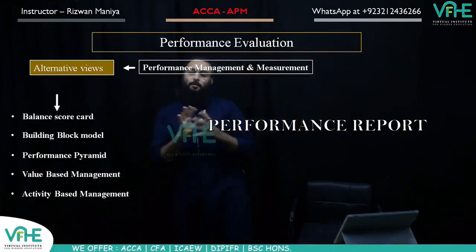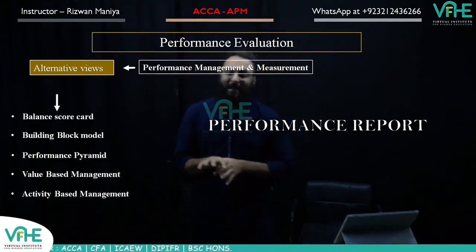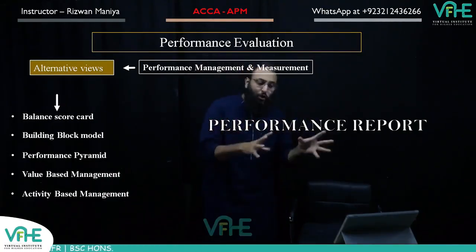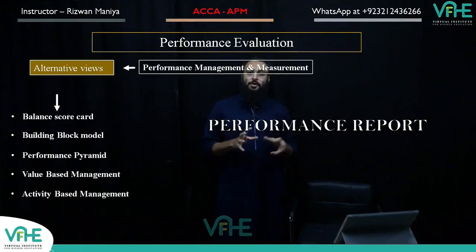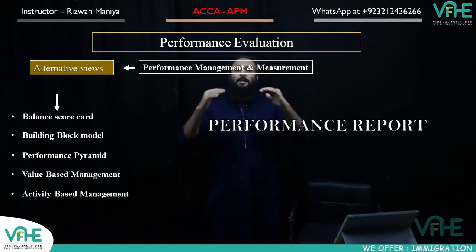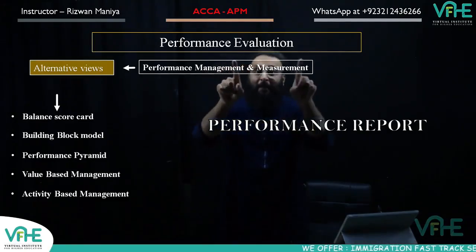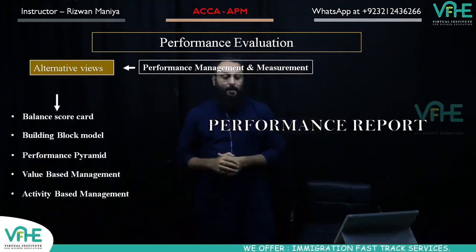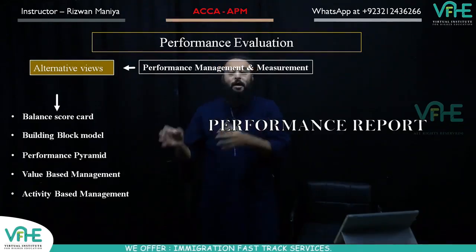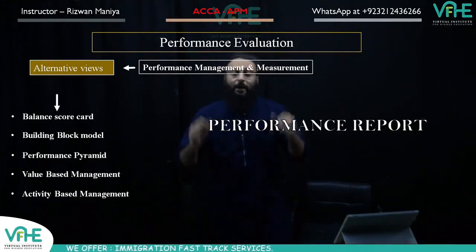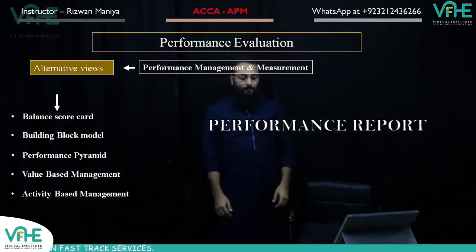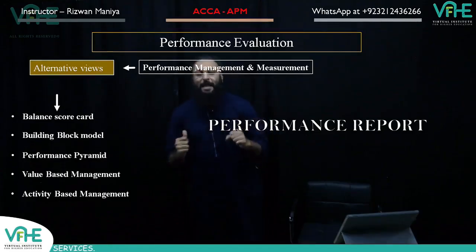Category 2, you have to assess the performance of the business through ratios, financial and non-financial. Category 3, check the system of the organization, performance management and measurement system. In this, you have category 3.1 without the model, 3.2 with the model, 3.3 performance report. We check the system of the organization.